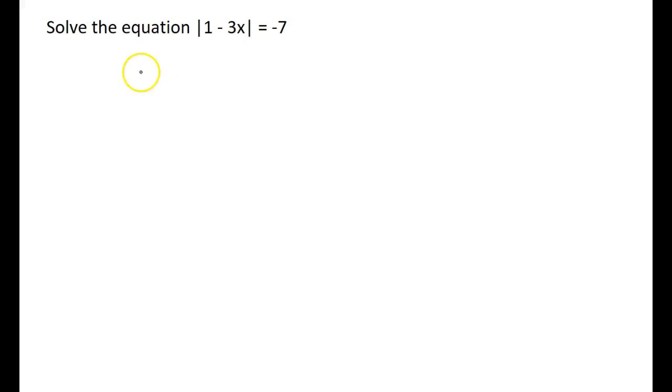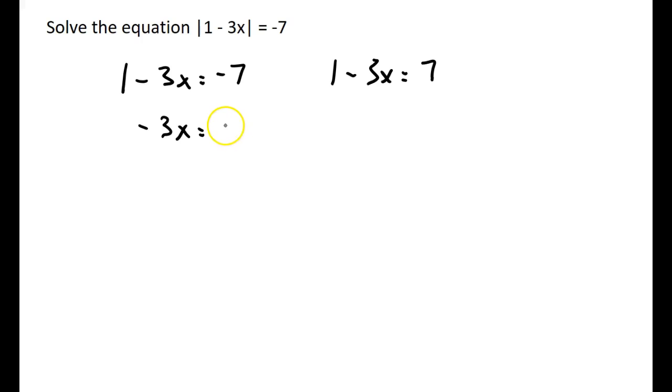All right, let's take a look at this. So we have 1 minus 3x equals -7, and 1 minus 3x equals +7. And we get -3x equals -8. So x is 8/3, and -3x equals 6.